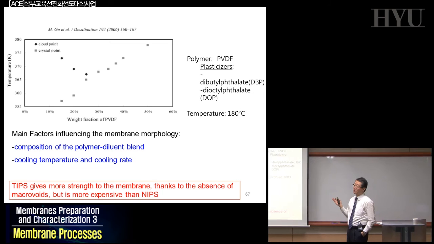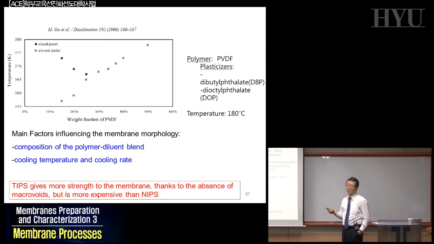And the advantage of this TIPS process is always about the mechanical strength of your polymers. Okay? Because if you compare the NIPS hollow fiber system and TIPS hollow fiber systems, NIPS does not induce much crystallization, whereas the TIPS process always induces the crystallization of your polymers.